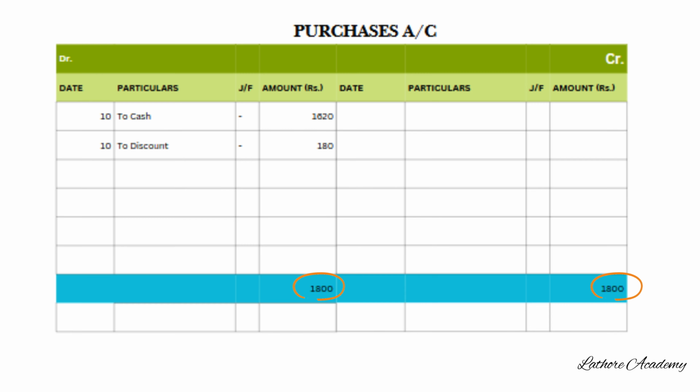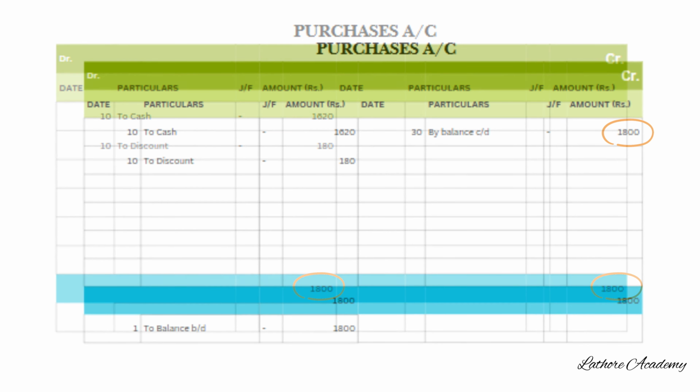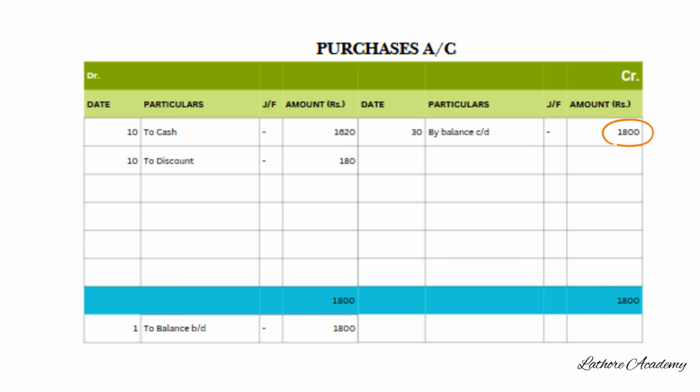In this case, the debit total is more as compared to the credit side total. So 1800 we have written on both sides, and the shortfall 1800 has been written on the credit side and shown as balance carried down and balance brought down.